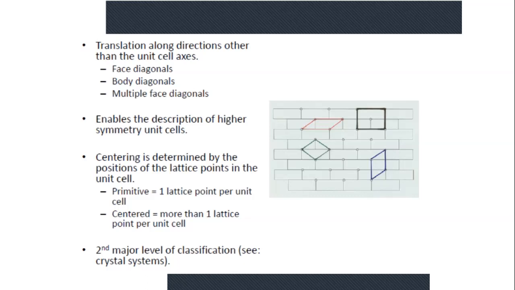And so a typical number of lattice points for centered unit cells could be 2, could be 4. That's generally the most lattice points you can have, 2 to 4, depending on the type of centering. And centering is the second major level of classification for crystal systems, because we're going to see in a moment certain crystal systems can have certain types of centering.